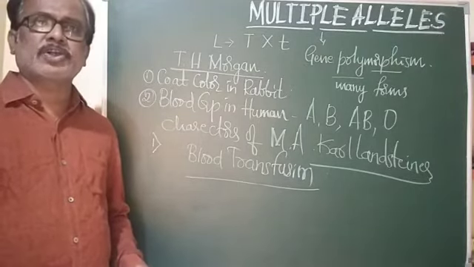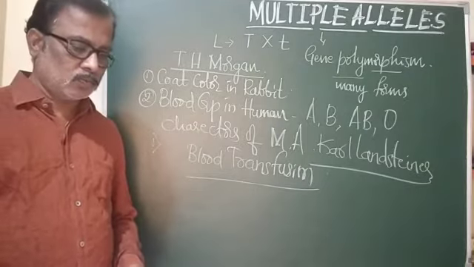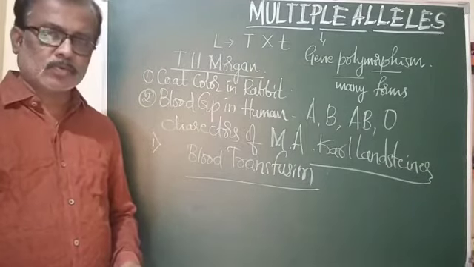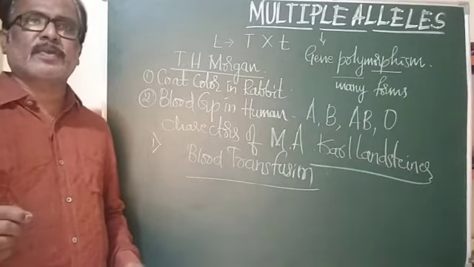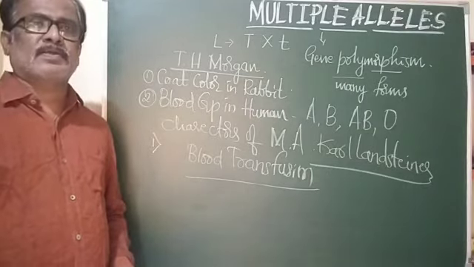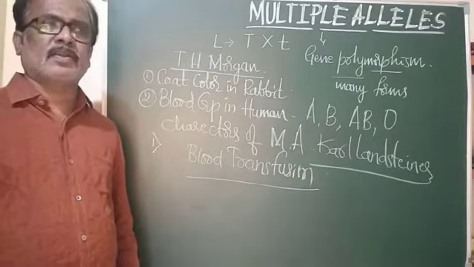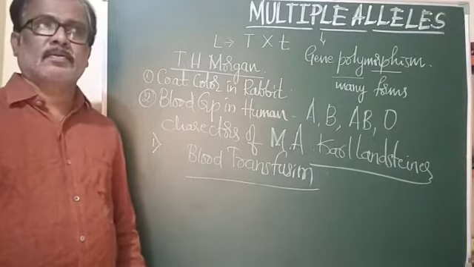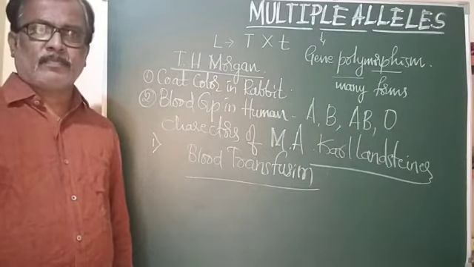the agglutination or clumping is due to the reaction between two substances present in the body, that is in the blood. One is antigen, another one is antibody.